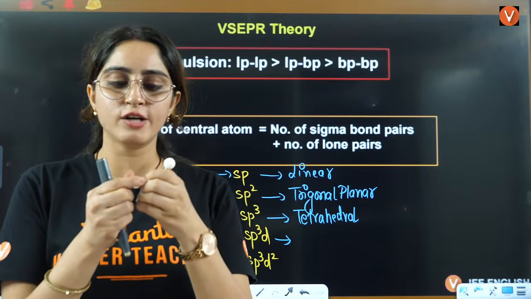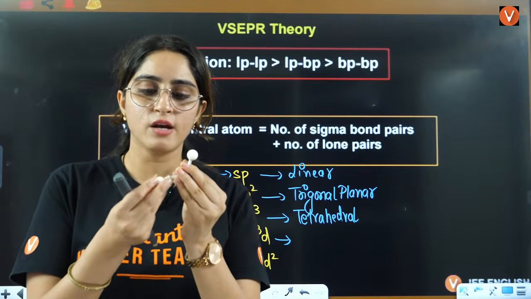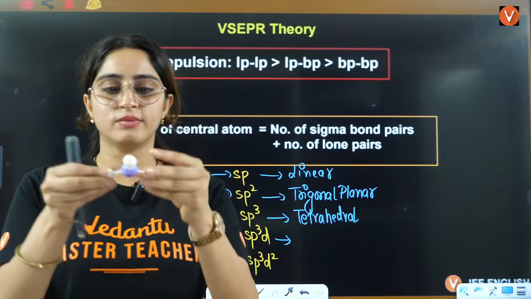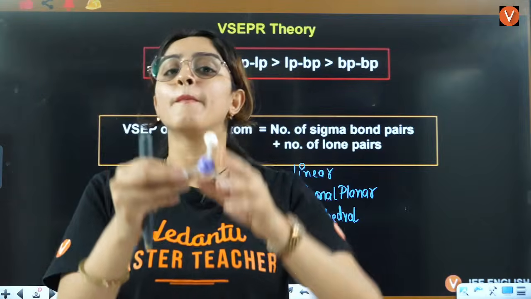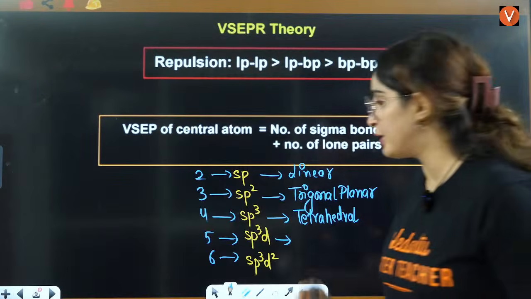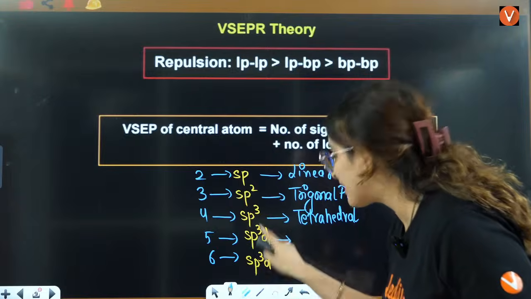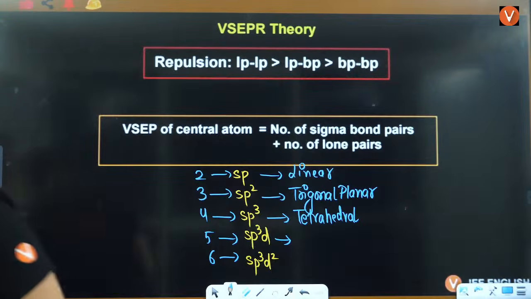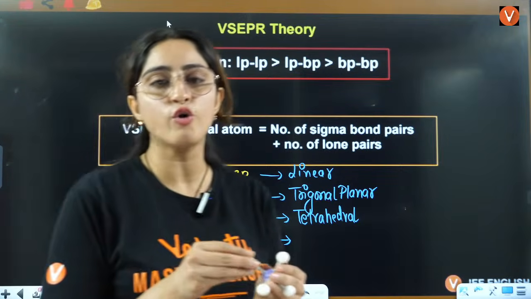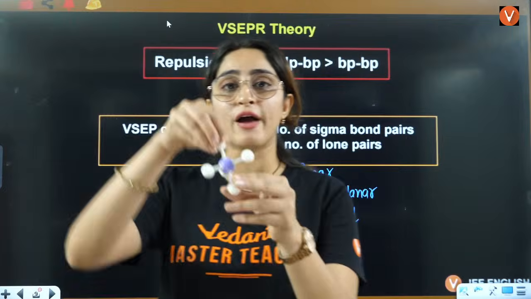Then after drawing trigonal planar, this trigonal planar is sp2. It is sp3d. In sp3d, you are going to have trigonal bipyramidal. That means it's not going to be trigonal planar, it is going to be trigonal bipyramidal.